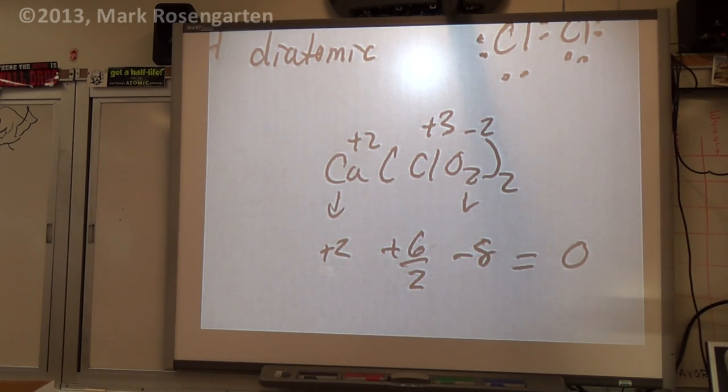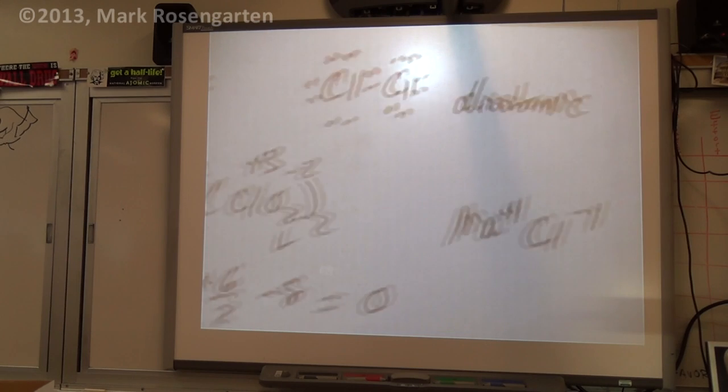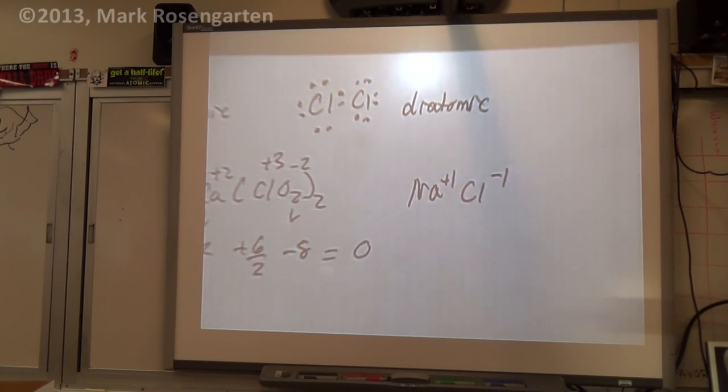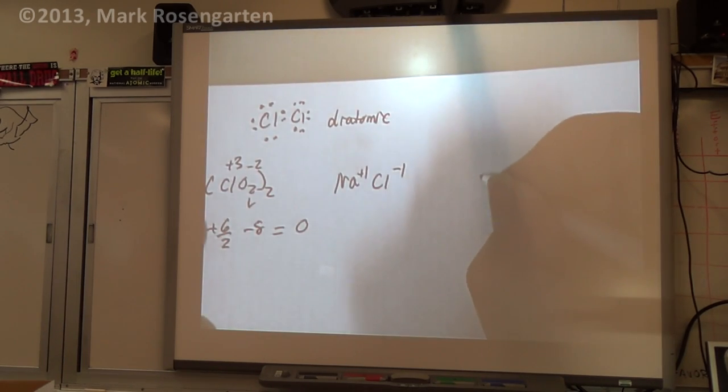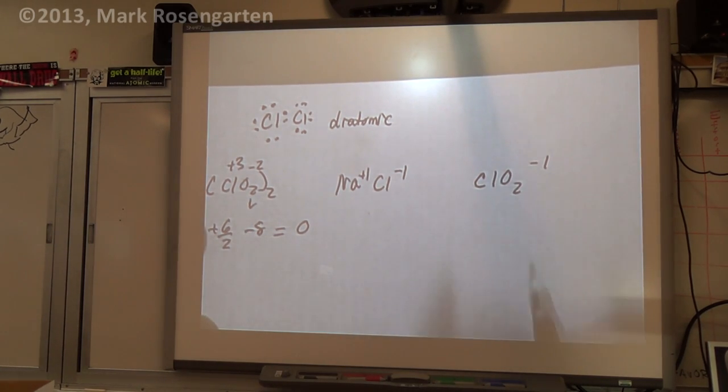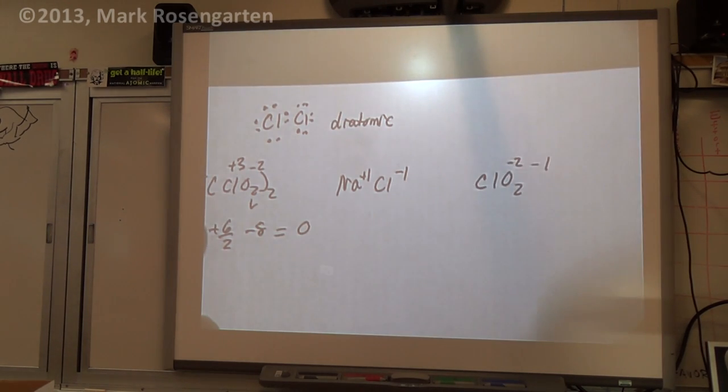Yes, ma'am? On the reference table, it says chlorite has a negative charge. Okay. You can also do it that way. You can ignore the calcium entirely and just solve from chlorite. Chlorite has a -1 charge when you combine the chlorines and the oxygens together. Each oxygen is -2 for a total of -4, which means that chlorine has to be +3 for the whole thing to add up to -1.